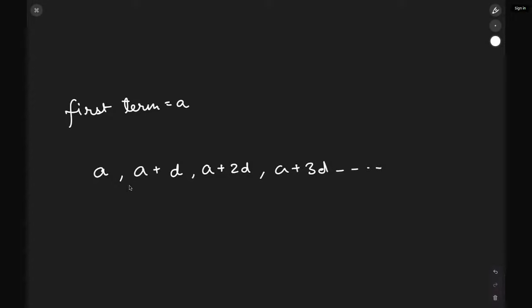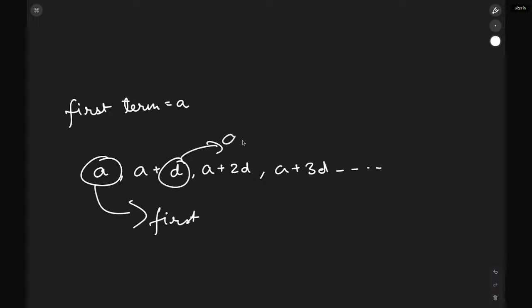This will be the sequence, right? If the difference between any two consecutive terms has to be a constant, then this is the only way the sequence can be arranged. All right, where A will always be our first term and D will be the difference between any two consecutive terms. All right, so this is the basic understanding that we have.